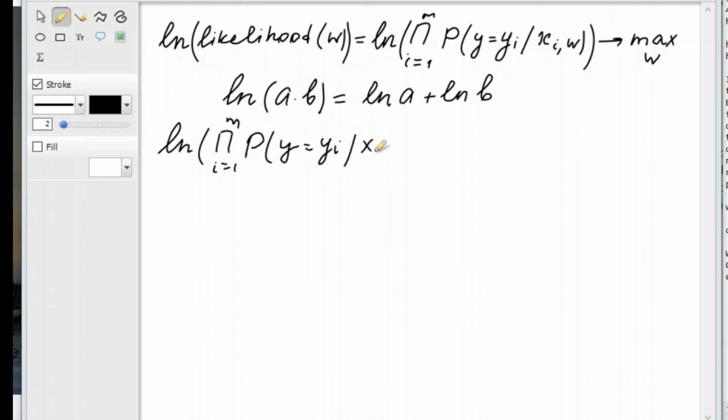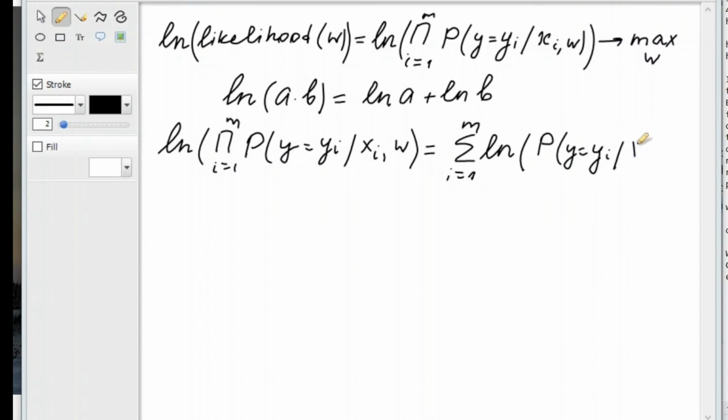So the logarithm of this product can be rewritten as a sum of logarithms of these probabilities, the probabilities of our class to be y_i on the condition that we have those x's and w.